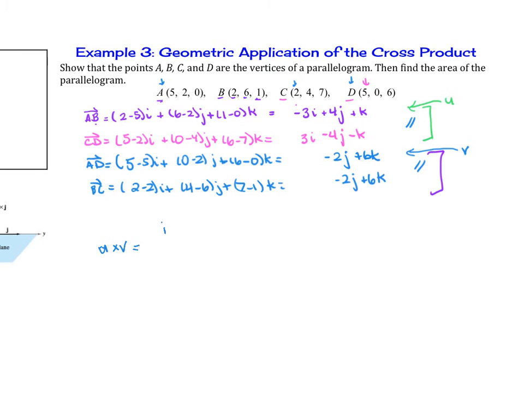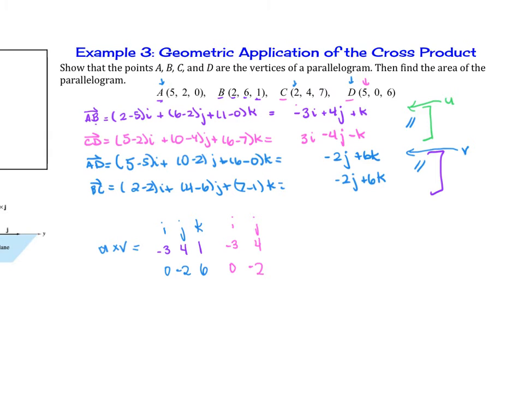So this is I, J, K. Our u, I'm using the top, so that's going to be negative 3, 4, and 1. For v, it's going to be 0, negative 2, and 6. Then we write the columns over. So I, negative 3, 0, J, 4, and negative 2.